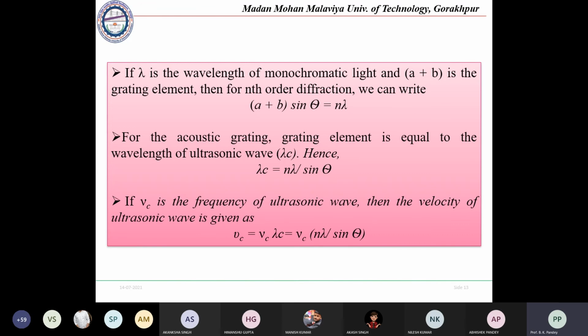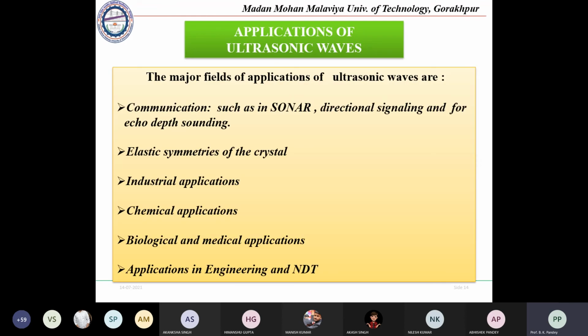Obviously, the velocity v is equal to the frequency of the ultrasonic wave multiplied by the wavelength of the ultrasonic wave, and that can be found by knowing the other parameters of the equation.